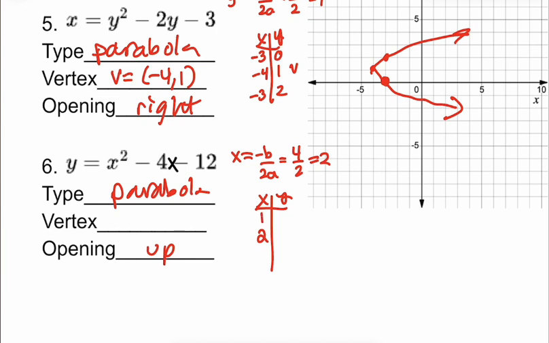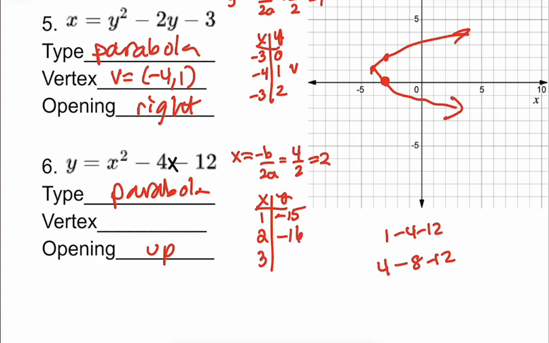So we got to plug in 1 below it and 1 above it. If we plug in 1, we get 1 minus 4 minus 12, which is -15. When I plug in 2, I get 4 minus 8 minus 12, so that will be -16.